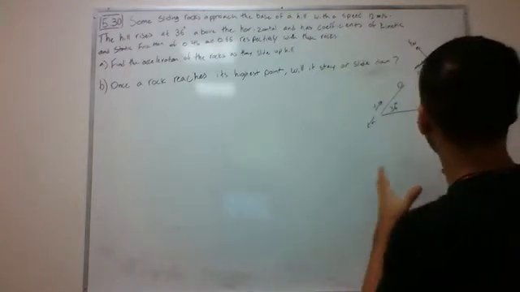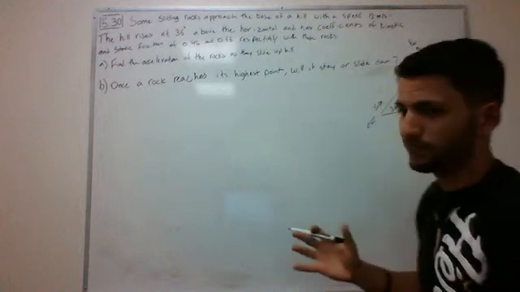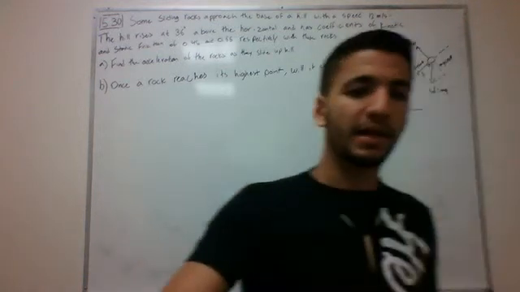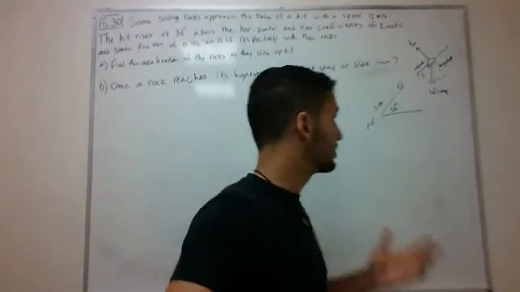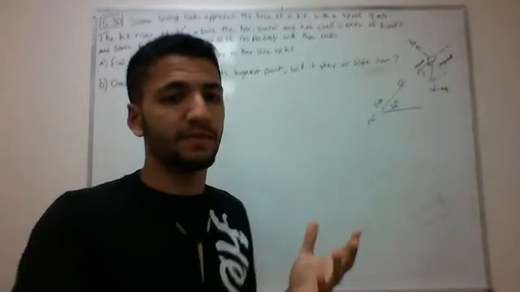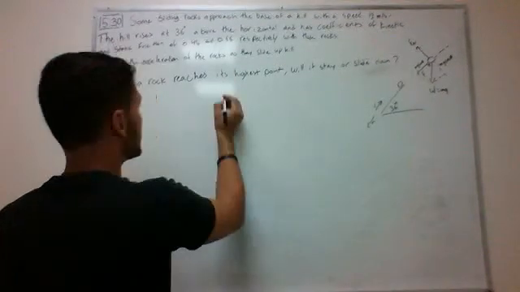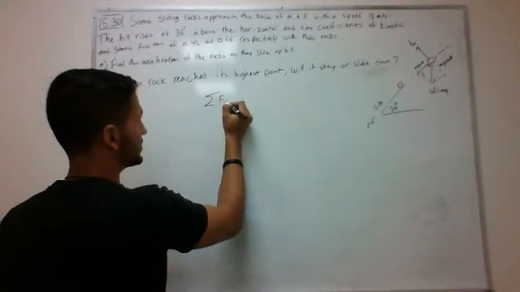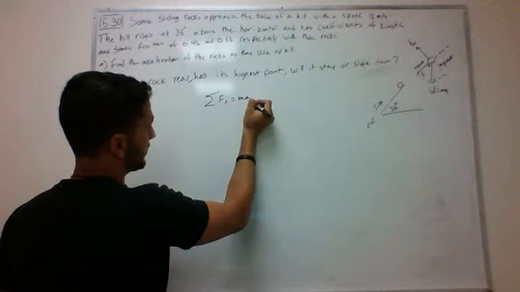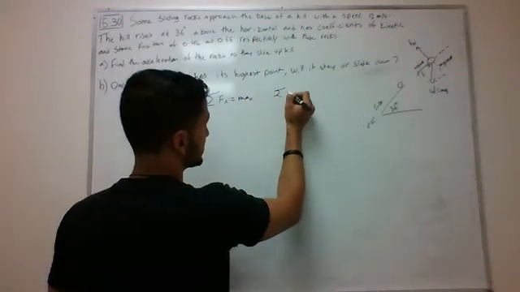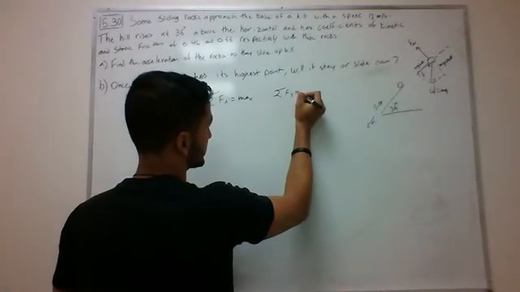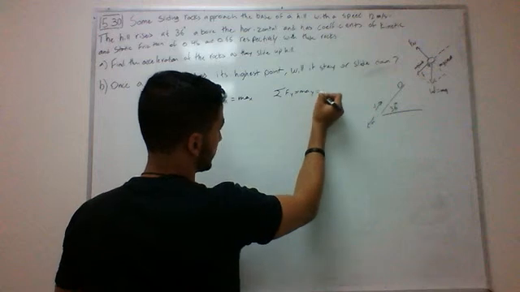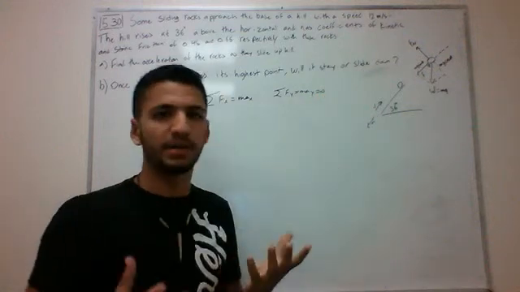Okay, so now we've seen the problem and drawn this free body diagram. It's time to apply it to the formulas. We know that the sum of all forces in the x direction equals m a of x. The sum of all forces in the y direction equals m a of y, but this equals 0 because there's nothing happening in the y direction.